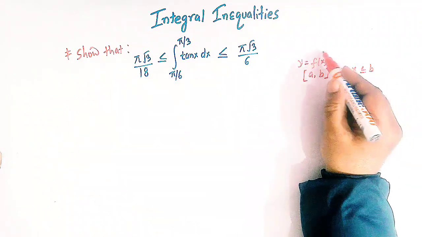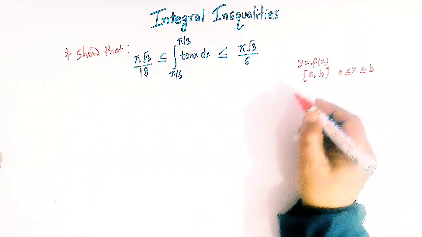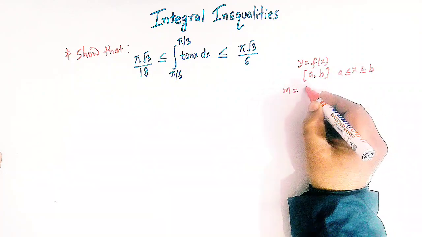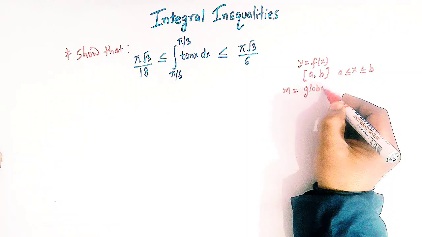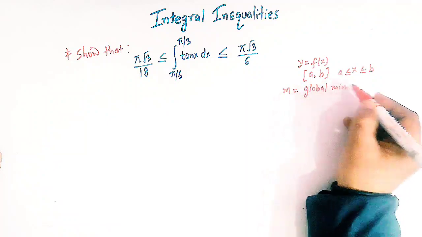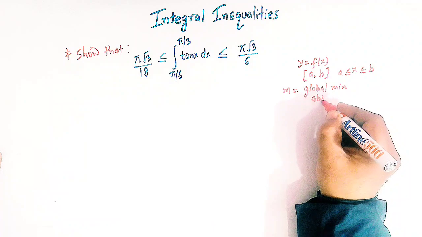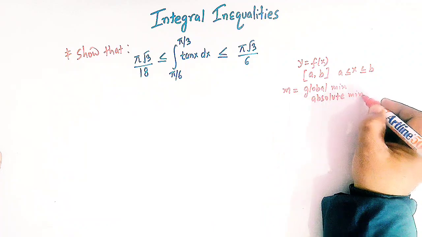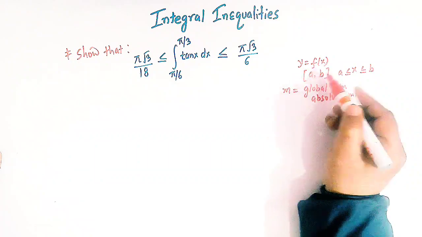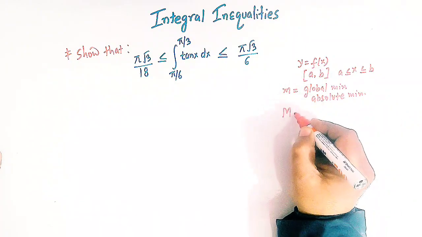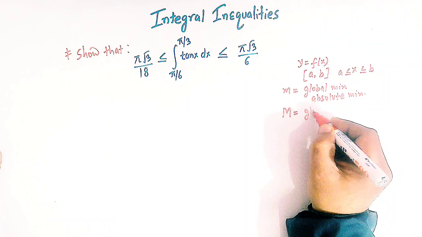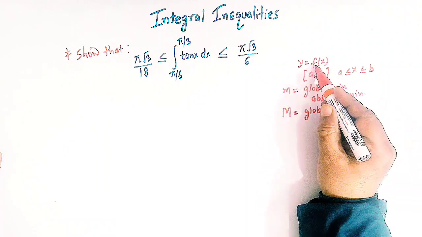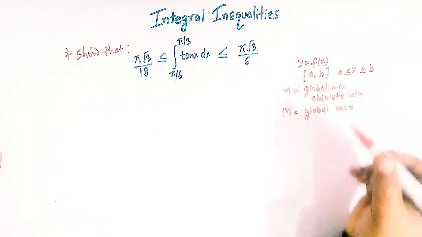Now see if this function f of x has small m as its global minimum, that is absolute minimum value in this interval, and the capital M is the global maximum of this function f of x in this interval.